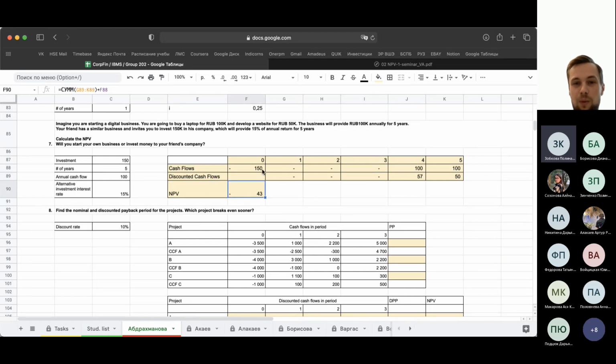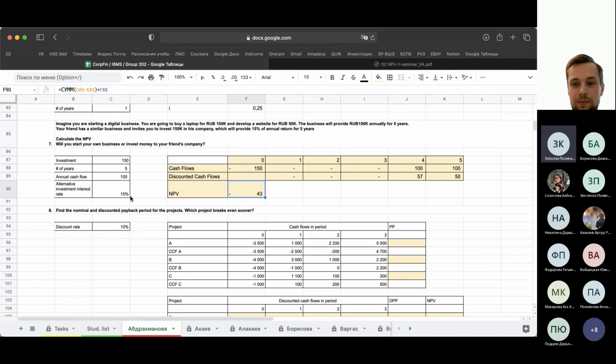It means that our project provides us less than 15% of annual return on average. And in this case, it's better to invest in our friend's project, an alternative investment option.